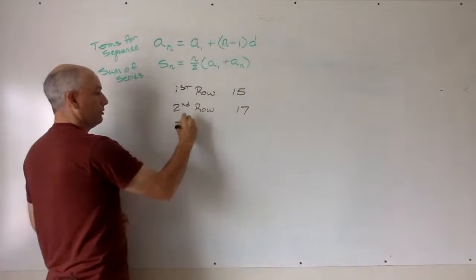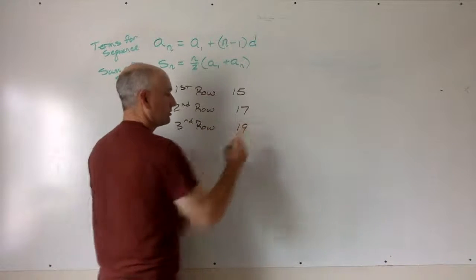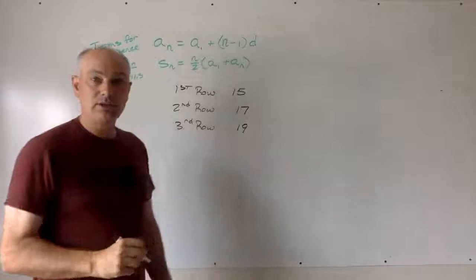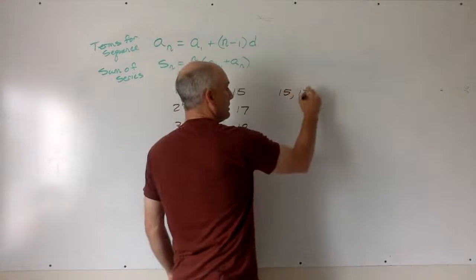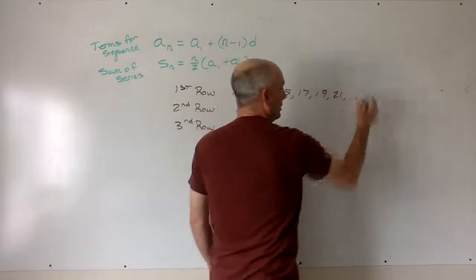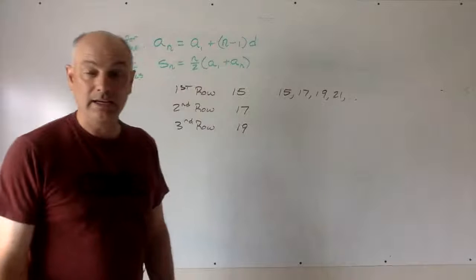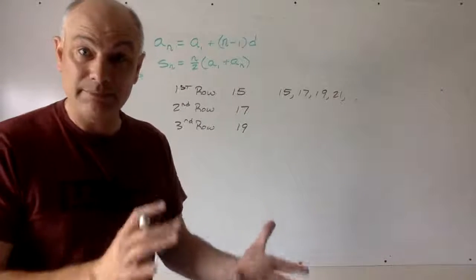The third row would have 2 additional seats. So notice that I've got a sequence going here, 15, 17, 19, 21, and so forth. What do we recognize? Okay, we should recognize we've got something arithmetic here.